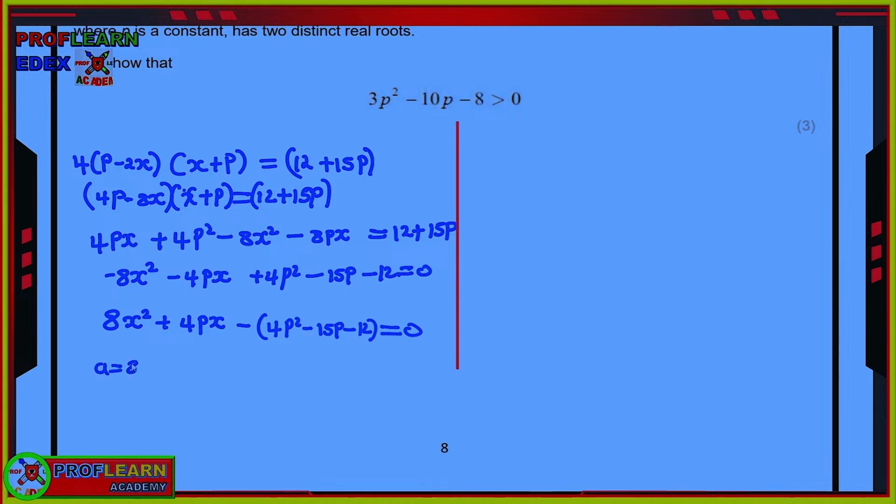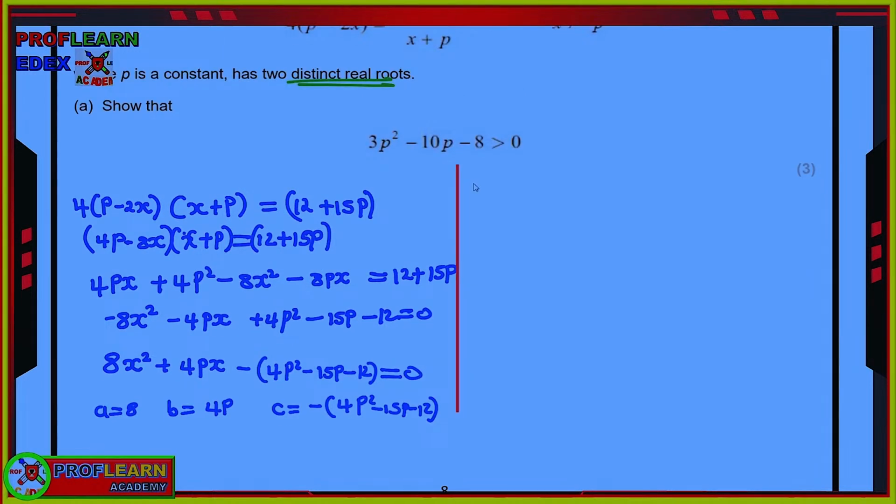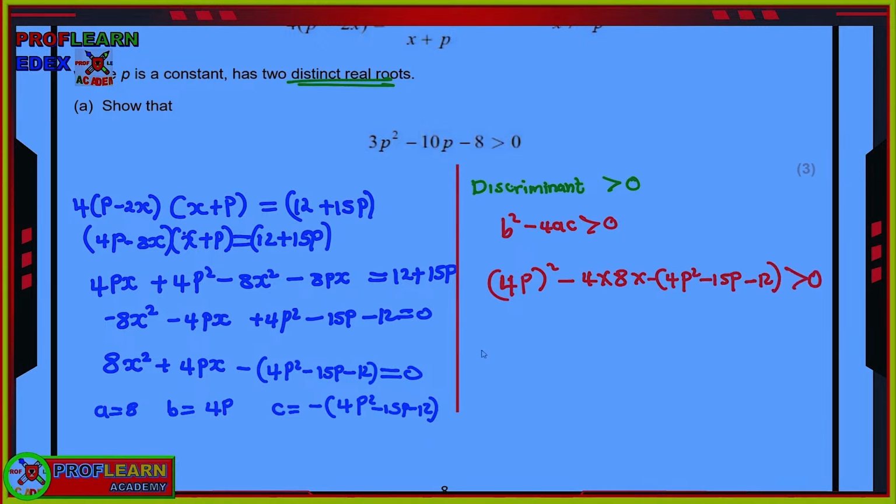And remember, the discriminant is usually b squared minus 4ac, right? So the discriminant in this case, because we are told distinct roots, it means the discriminant is going to be greater than 0. And the discriminant is gotten by this formula. So our b is 4p, so we are going to say 4p squared minus 4 times a, which is 8, times negative into bracket the value of c.